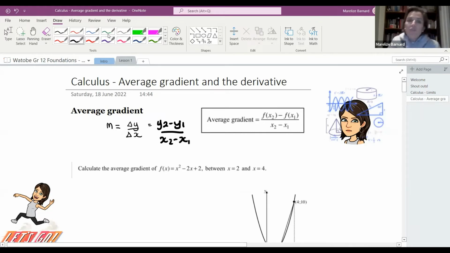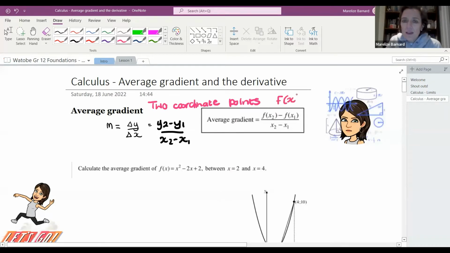But for the average gradient, we always use 2 coordinate points, that's why we have y1 and y2 and x1 and x2.